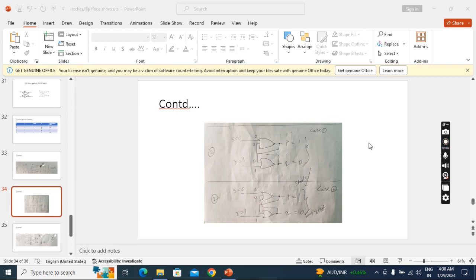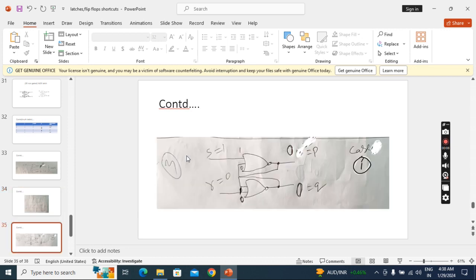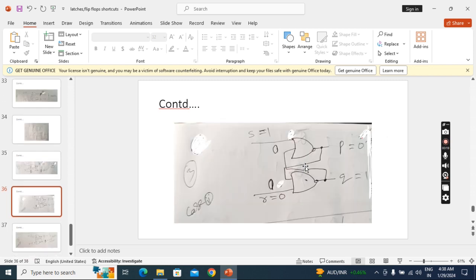Now we'll see the next condition, the third condition. Here S equal to 1, R equal to 0. When I feed back the previous condition's output, I am getting in case 1, 0 0. So I have to look for a stable output. I again fed back with the same inputs maintained, then I got 0 1. It means Q 1, Q bar 0.